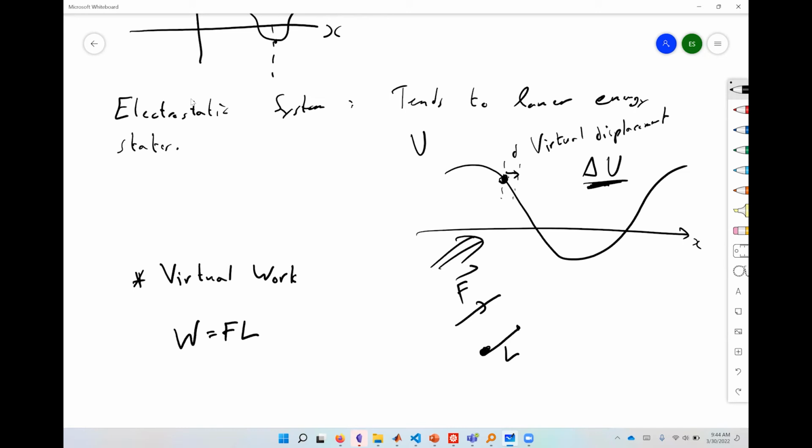So let's make this differential. Let's make this a small movement, small displacement, dL. So dW in this case is going to be, let me write it more properly, F dot dL, right?